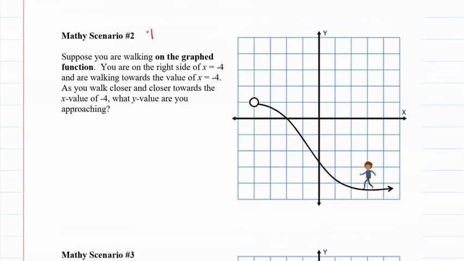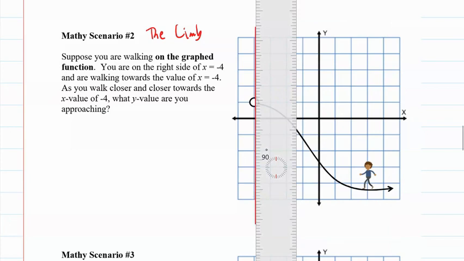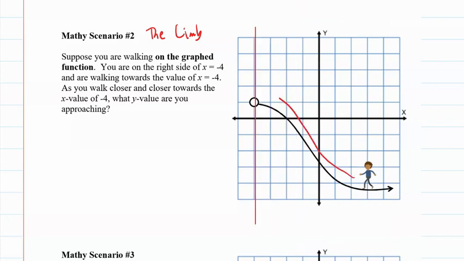The second one, we're talking about the ants on the limb. The ants are walking towards -4 this time. As they get closer and closer to -4, they're heading towards the value of 1 on the y value.